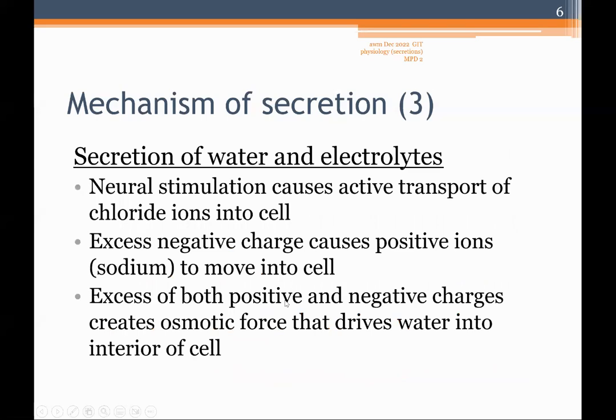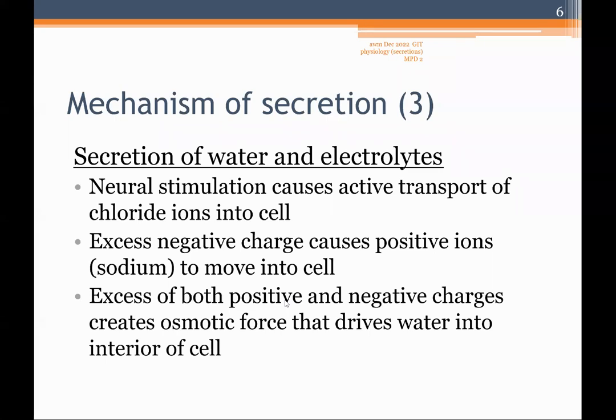In addition, you must remember that whether it's enzymes or any of the organic material, it is never secreted by itself. It will always be secreted together with water and electrolytes. And what happens with water and electrolytes is that neurostimulation causes active transport of chloride ions into the secretory cell. This will cause a buildup of excessive negative charge, which will then cause positive ions to come in to try and balance this charge.